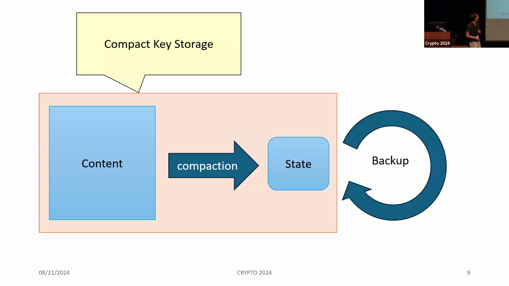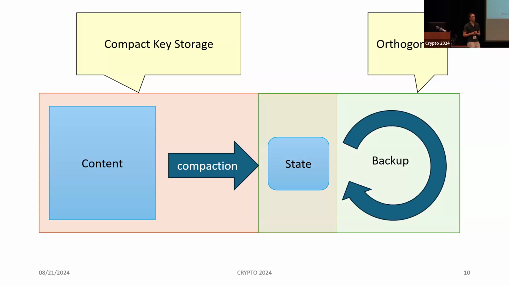So CKS really only tackles the first problem, and the second problem is orthogonal, where you could reuse many of the old protocols, like the hardware-based or the password-protected ones. CKS in itself doesn't solve what happens if you lose your phone, but it is this first step done in a more clever way.